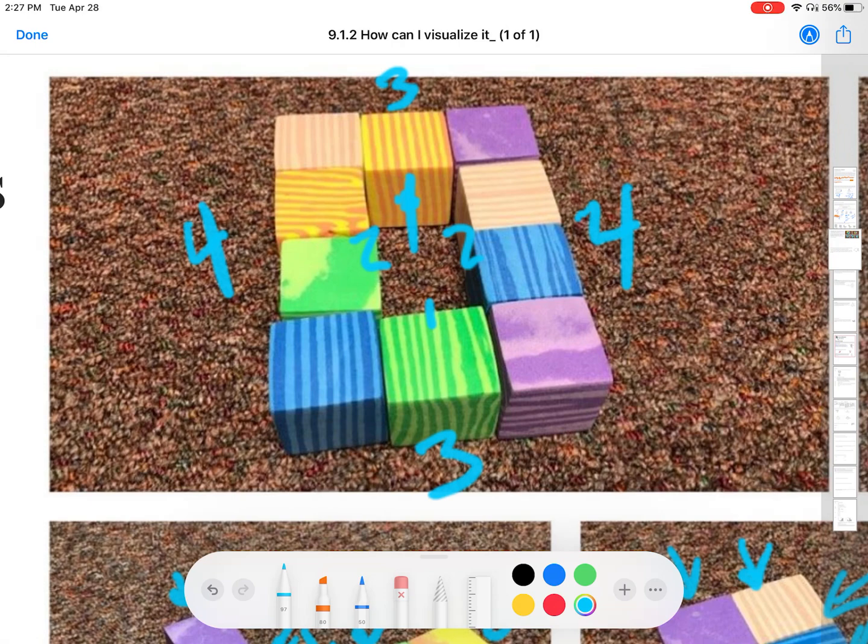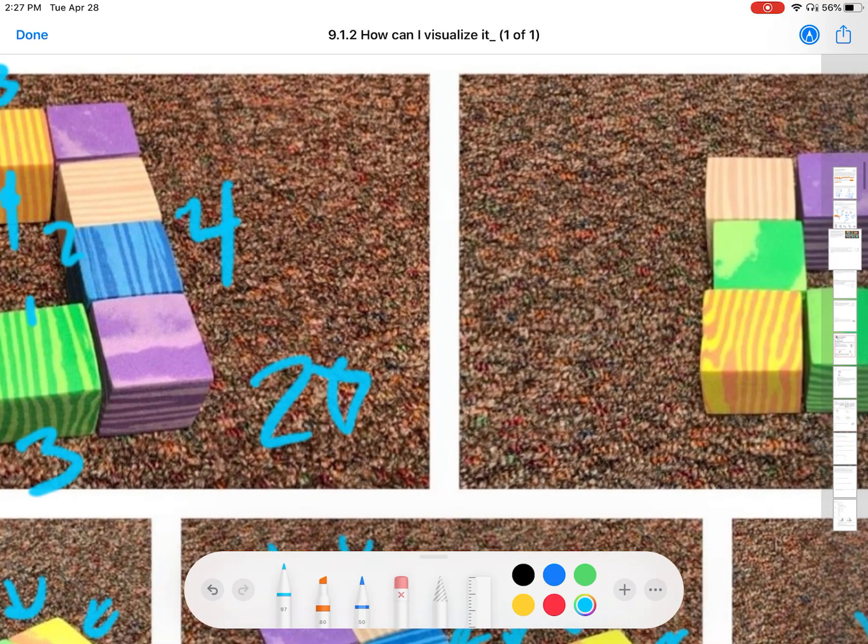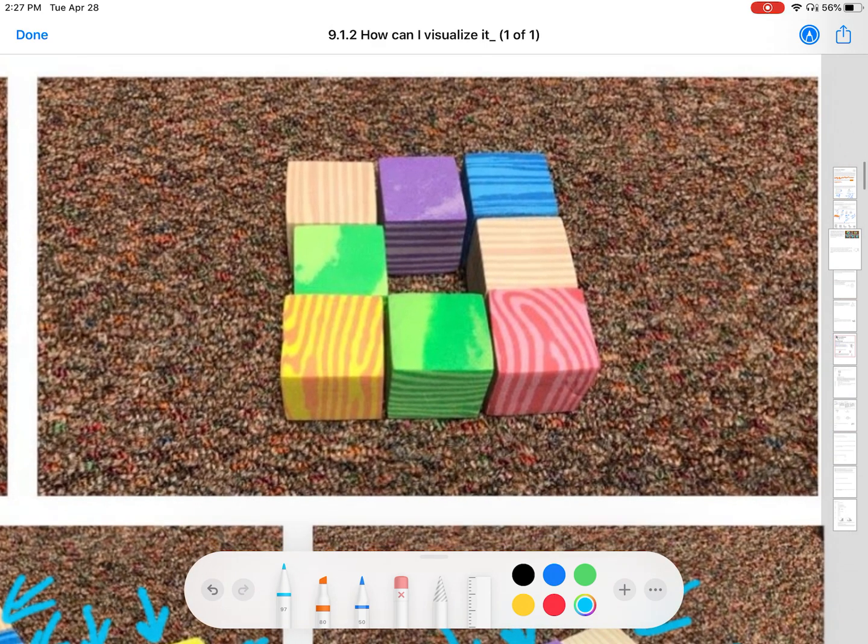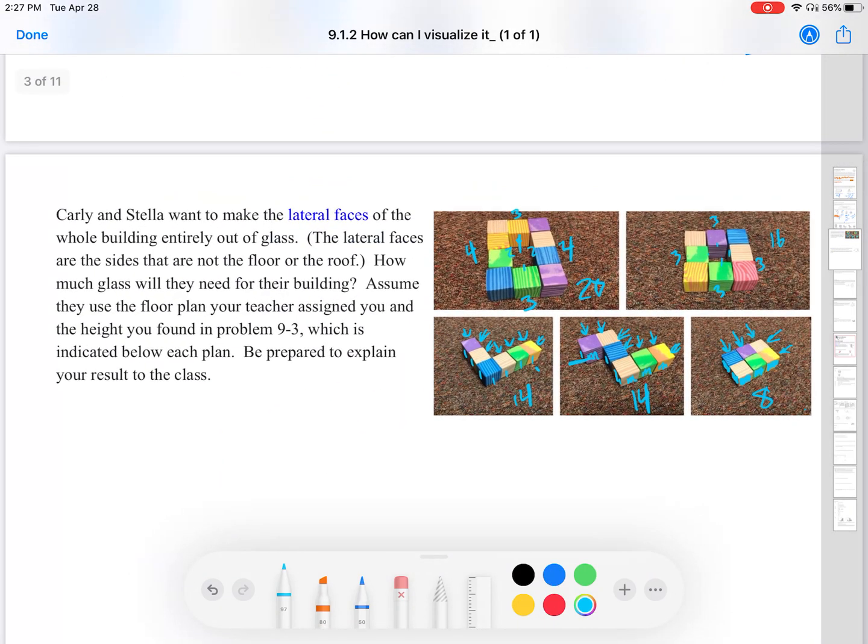So 4 and 3, 7, another 3 and 4, 7, so 14, and then plus the inside, 14 plus 6, 20. And we can shift over one, and this one's really nice, 3, 3, 3, 3, 1, 1, 1, 1. So 12, 12 plus the 4 is 16. Okay, so those helped do that.